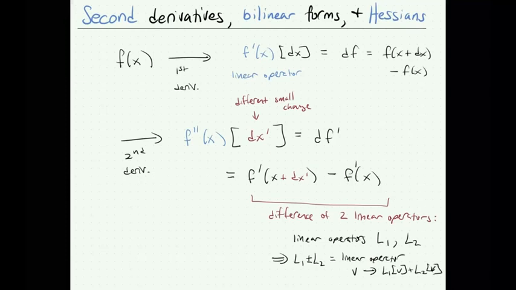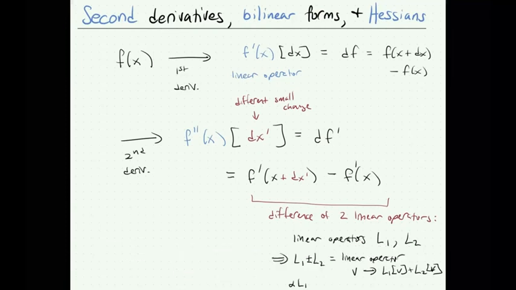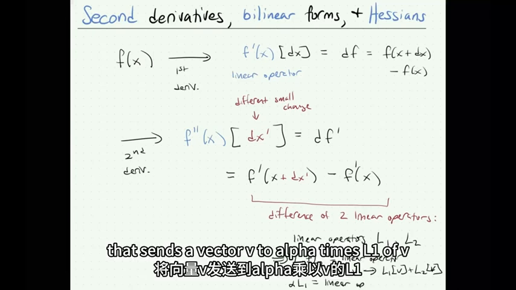And if you multiply a linear operator by a scalar, that's the linear operator that sends a vector v to alpha times L1 of v.